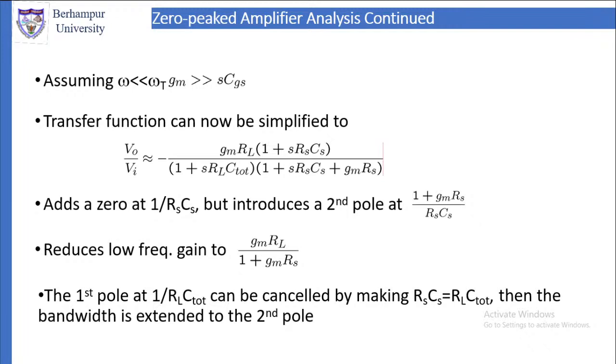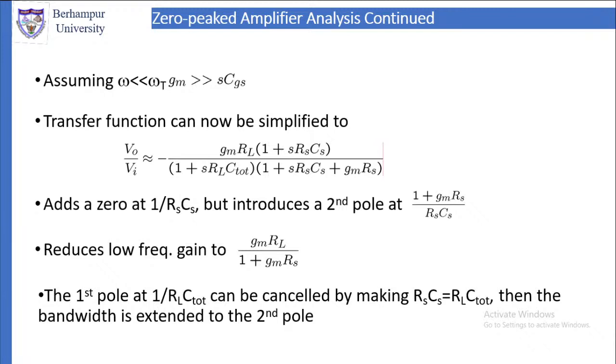In that term you can cancel out RS, so that becomes GM by SCS. So from that you can see that the second pole is at 1 plus GMRS by RSCS.